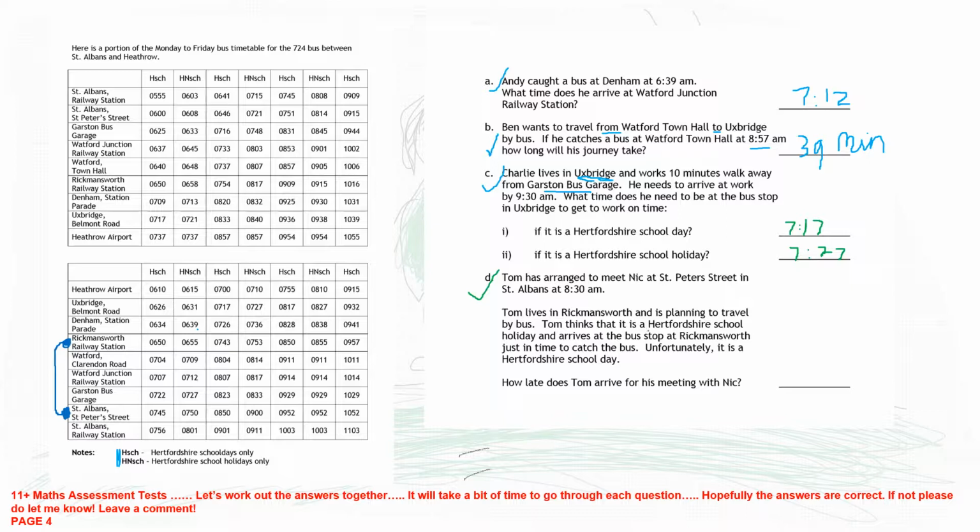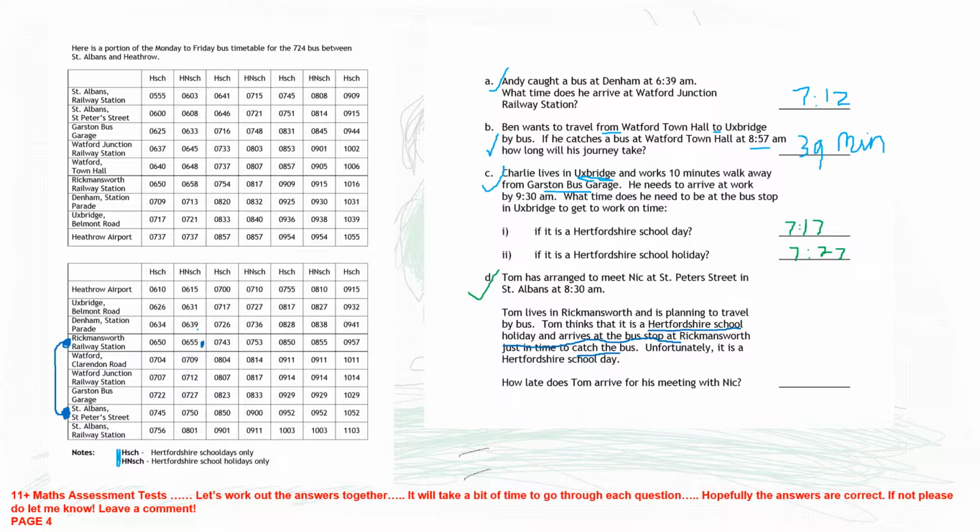Tom thinks it is a Hertfordshire school holiday and arrives at the bus stop just in time to catch the bus. So he thinks it's a school holiday. If it's a school holiday and he has to reach at 8:30, then he'll take the 6:55 bus.